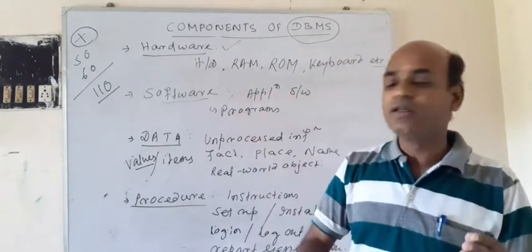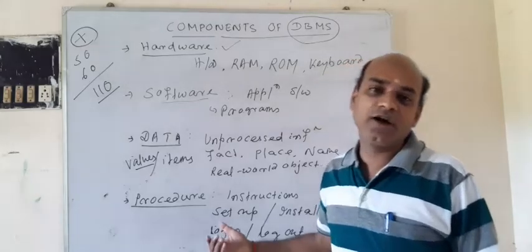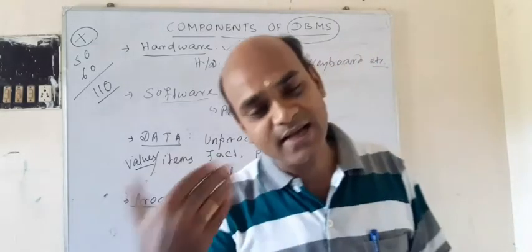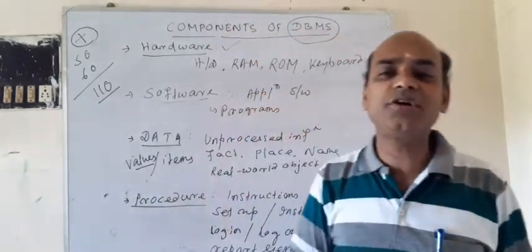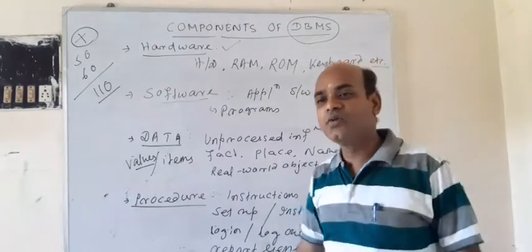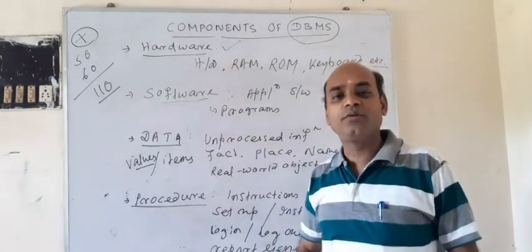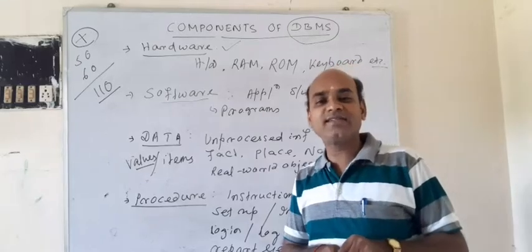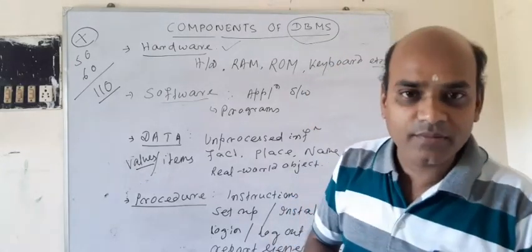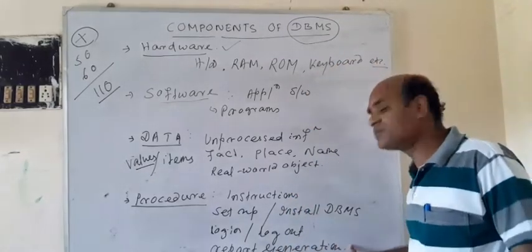So immediately this query will be reached. This query can be accessed by the database management system, and within a fraction of a minute, it will create a report by taking all death cases in the particular year. So this report generation is the most important.